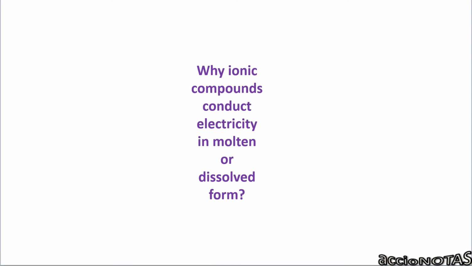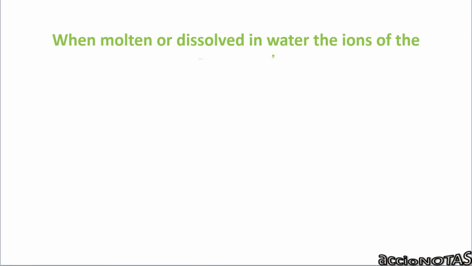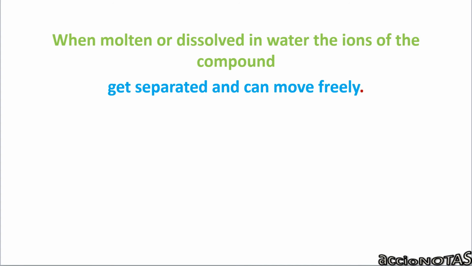Why do ionic compounds conduct electricity only in molten or dissolved form? Please, I repeat, only in molten or dissolved form. Ionic compounds do not conduct electricity in solid form at all. When molten or dissolved in water, the ions of the compound get separated and can move freely.